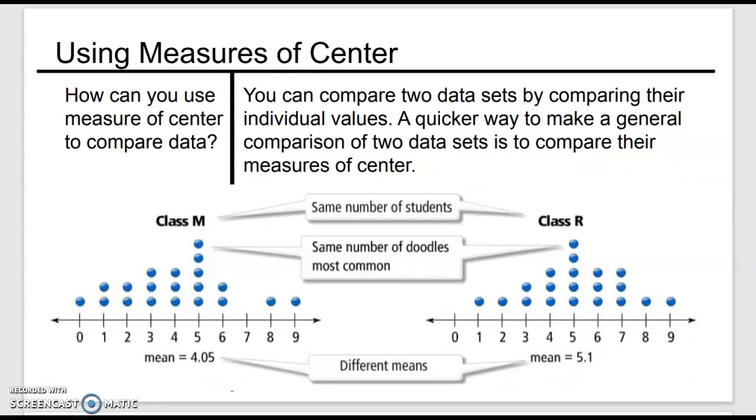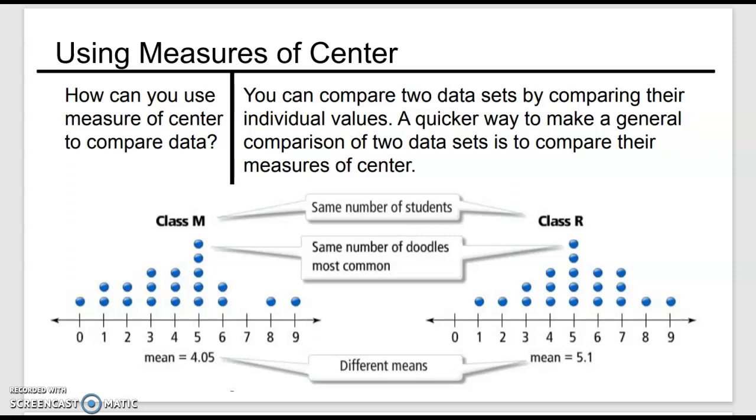Using measures of center, how can you use measures of center to compare data? You can compare two data sets by comparing their individual values. A quicker way to make a general comparison of two data sets is to compare their measures of center. Let's look at Class M and Class R. There are the same number of students in both classes.